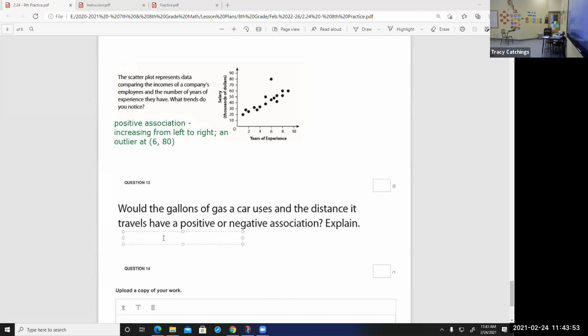Negative, mainly why? Because the more you drive, the more gas you use. You know when your gas is going down. All right, so the more you drive, the less gas you have. That'll work.